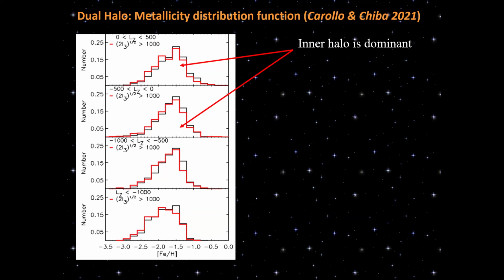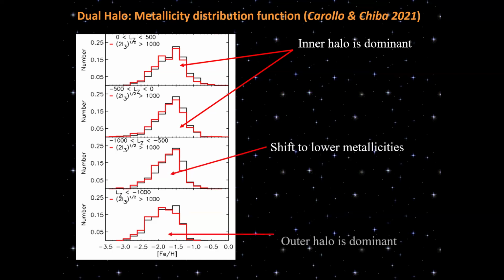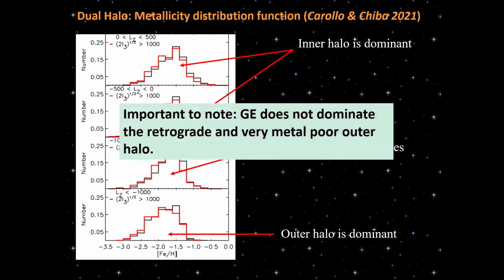And then as we move toward lower, more retrograde motion, the MDF shifts toward lower metallicities, and when Lz is less than minus 1,000 kiloparsec kilometers per second, the MDF is in the very metal poor regime with a peak at minus 2.2.